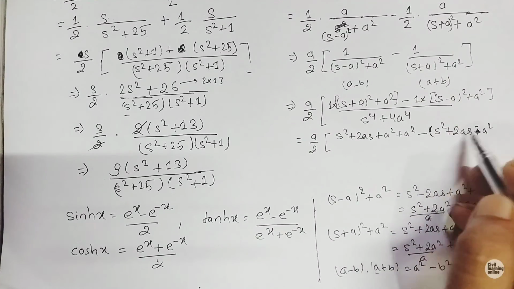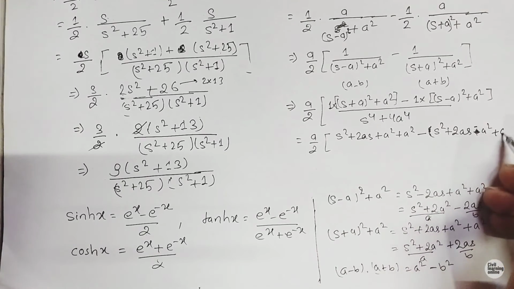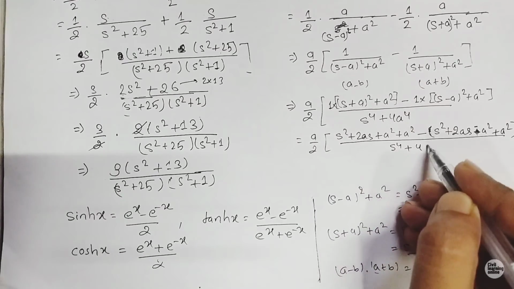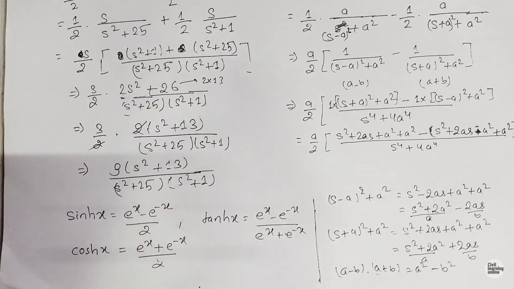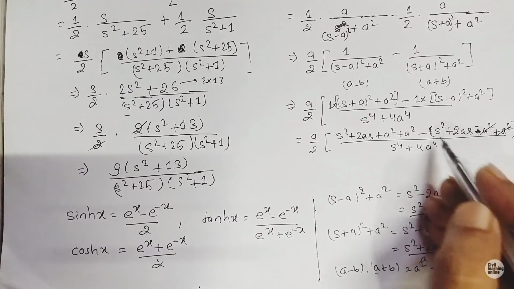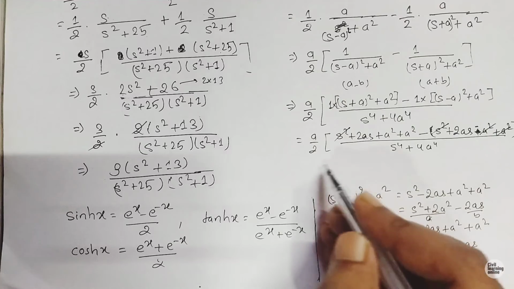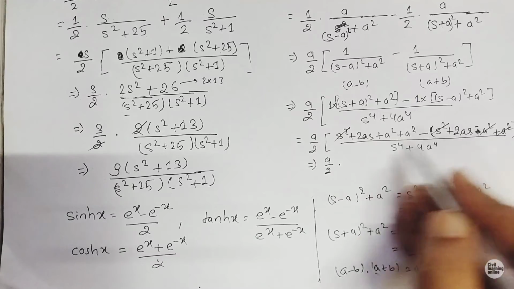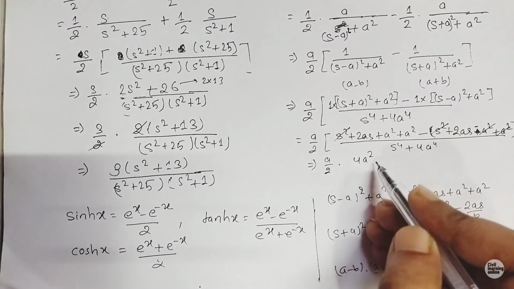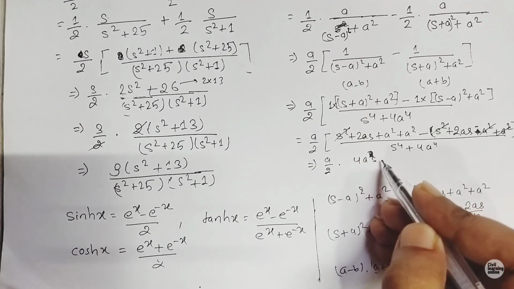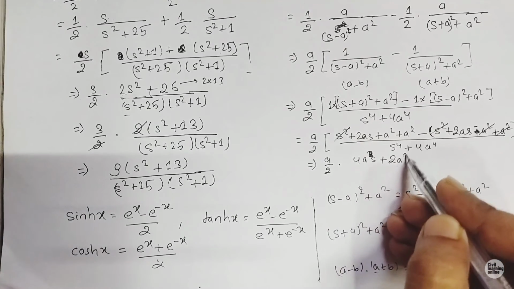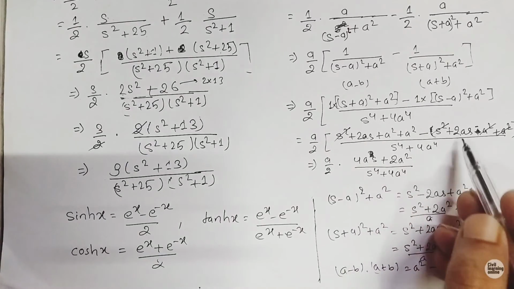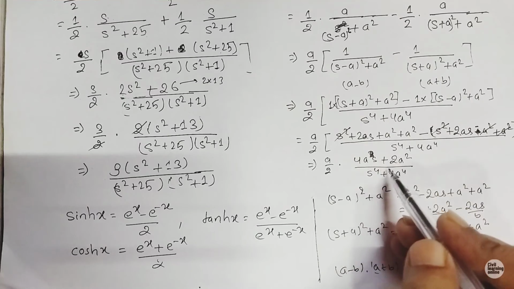Minus 2as gets positive and plus a square gets negative, and this whole gets divided by s to the power 4 plus 4a to the power 4. Now cancel out the opposite signs, so these two get cancelled out and s square gets cancelled out. So we will have here a upon 2 times 4as plus 2a square upon s to the power 4 plus 4a to the power 4.